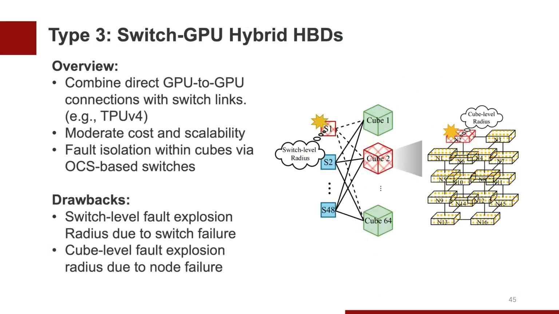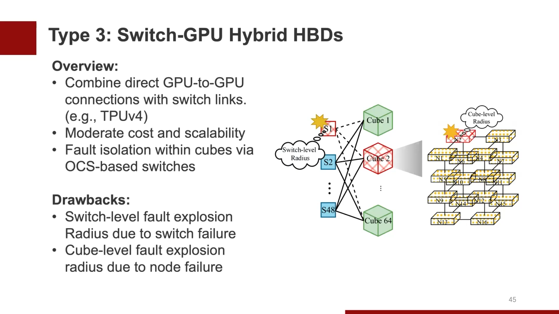The third type is the switch-GPU hybrid HBDs. These HBDs combine direct GPU-to-GPU connections and switches, making a middle-ground design. The typical example here is TPU v4 from Google. It organizes TPUs into cubes, connected through centralized OCS-based switches, and can scale up to 4096 TPUs.